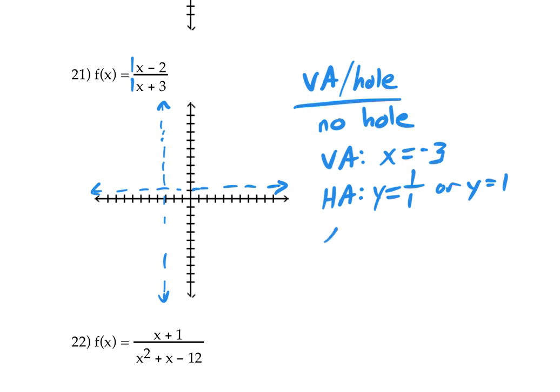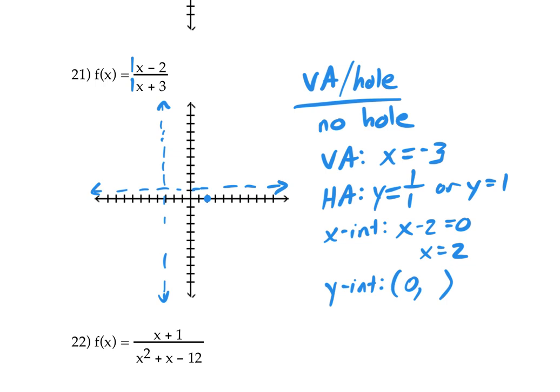Okay, x-intercept. We're going to set the numerator equal to 0. So that would be x equals 2. So it's going to cross the x-axis at 2. My y-intercept. You could get the y-intercept off your calculator.